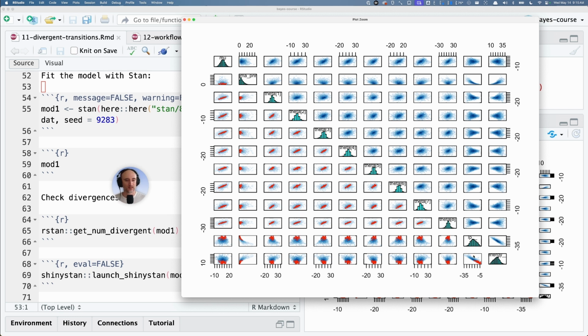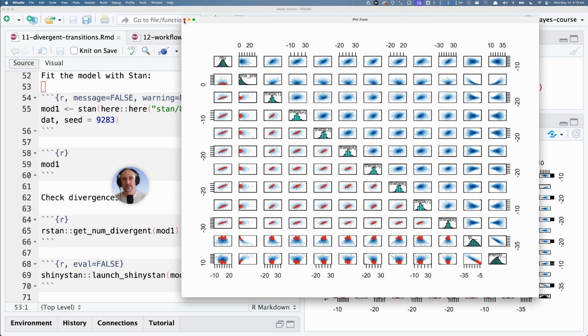So here, a lot of these parameters, these red dots, are just in the center of the posterior. But the key part, as we're going to dive into, is what's happening here with sigma prime, how all of these are sort of clustered at one part of the posterior.